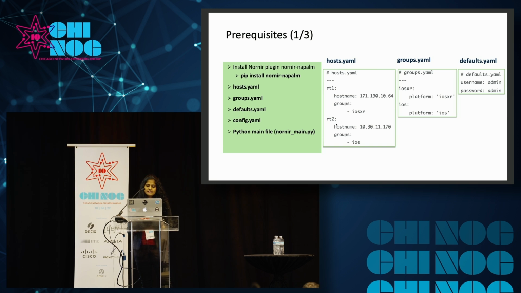You can just name the routers router 1, router 2, and provide the host name and its respective groups. The group details will be provided in the groups.yaml file in this way. And then you have defaults.yaml with the username and password, if you have a common username and password for all the hosts in the host.yaml file.